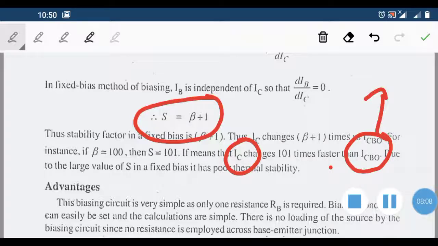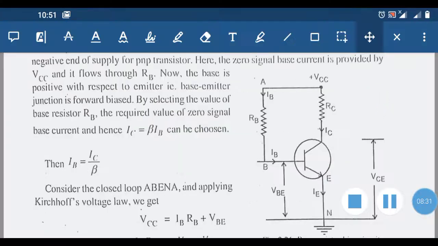ICBO is the leakage current depending upon the temperature. So, due to this large value of S, a fixed bias circuit has poor thermal stability. The stability of this type of circuit is very low, but as beginners, we are studying this circuit in order to analyze it and study the properties of the different circuits.